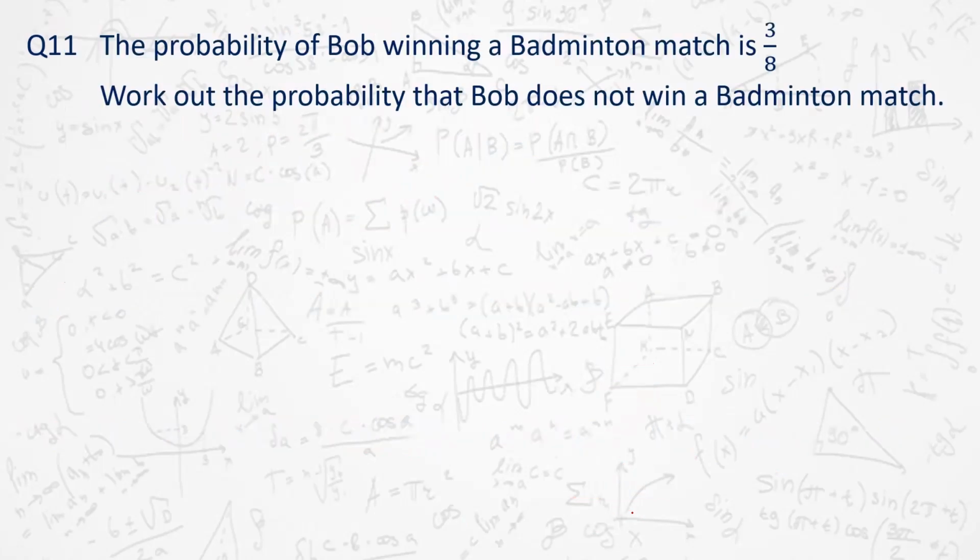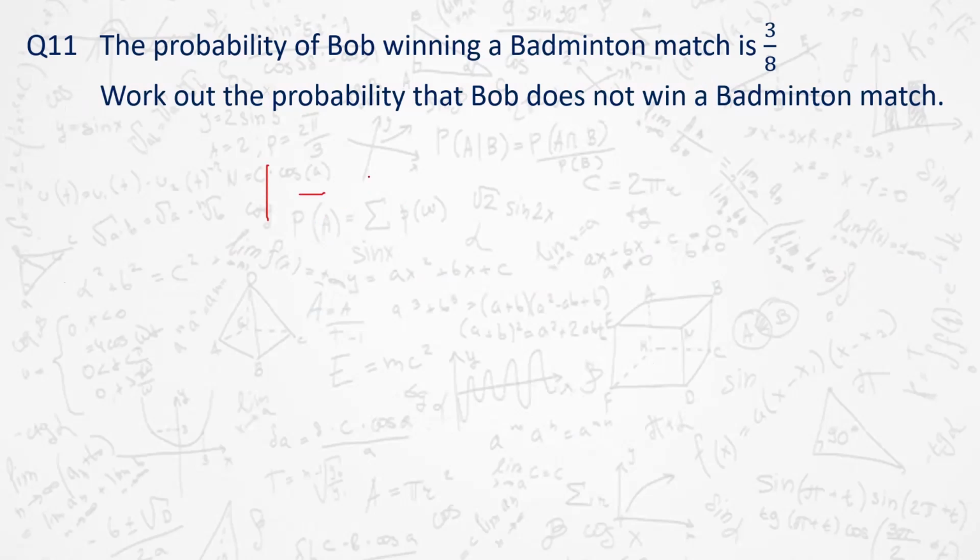Question 11. The probability of Bob winning a badminton match is 3/8. Work out the probability that Bob does not win a badminton match. So out of 100%, which is out of 1, the chance of winning is 3/8.